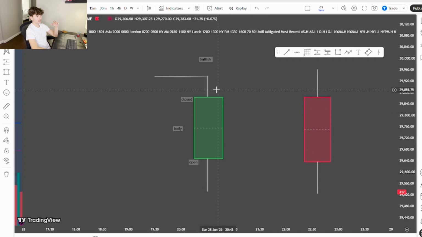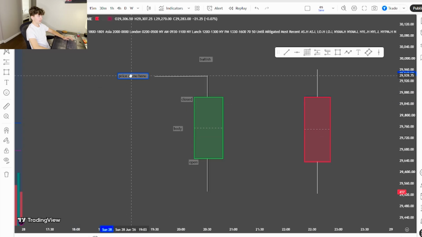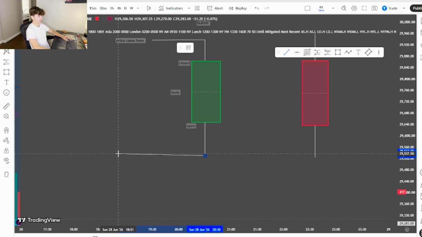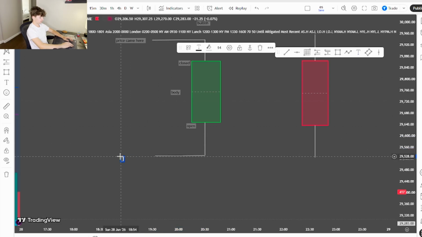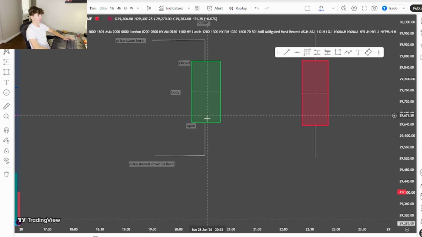So within that 1 minute, this candlestick was all the way up to here at one point. And at the bottom, we know that price moved down to this level at one point.